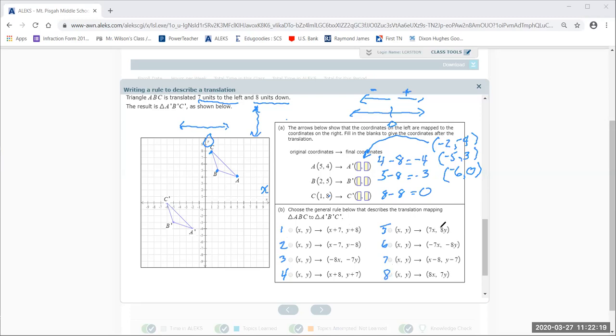Let's look at each one. For X plus 7 and Y plus 8, does that match what we just did? No, because we subtracted 7 and we subtracted 8. Which of these says we subtract 7 from the X and subtract 8 from the Y? Number 2. So number 2 is the answer.